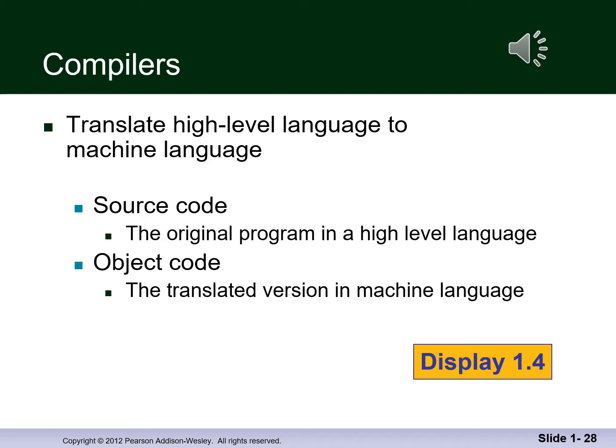Source code is the original program in a high-level language, and we're going to have .cpp files, C++ files that we will write in the C++ editor as our source code, and then that code will be compiled, and the object code is the actual translated version of our program that runs in machine language and the CPU processes.